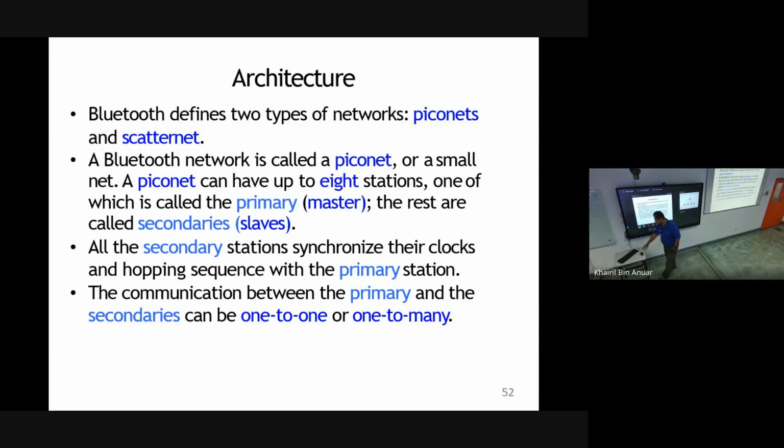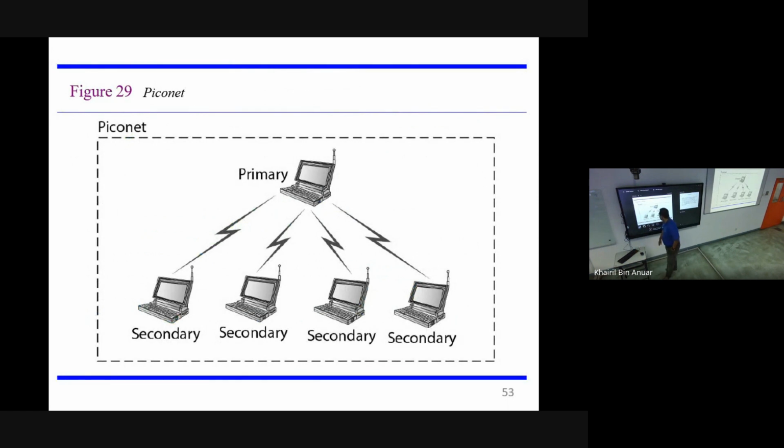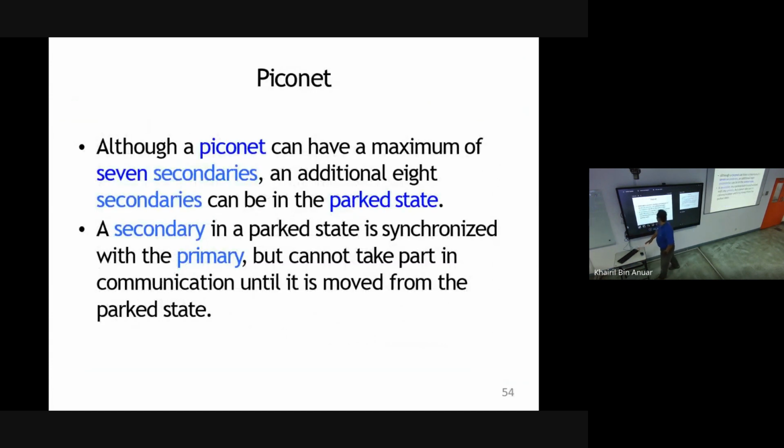Okay, so you have one primary and another 7 secondary, or slave, we call it. And although a Piconet can have a maximum of 7 secondary, you can have an additional 8 secondary in the park state. Okay? The secondary in the park state is synchronized with the primary but cannot take part in the communication until it is moved from the park state.